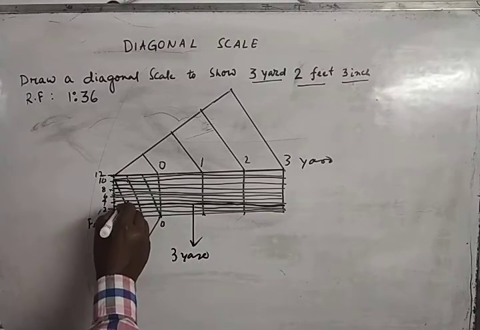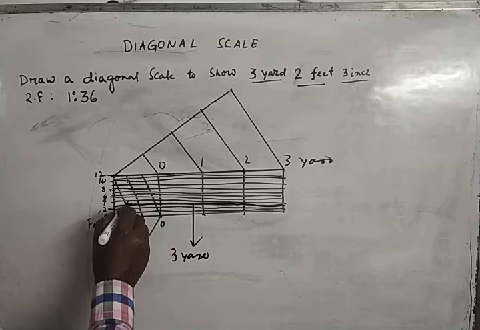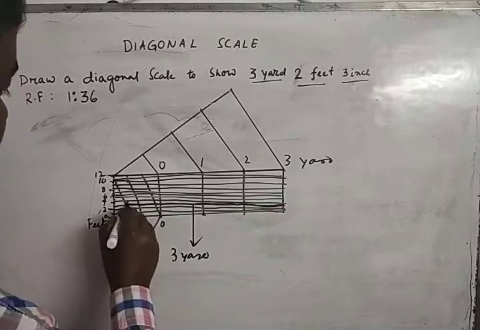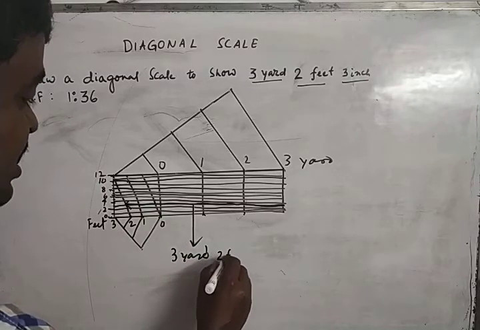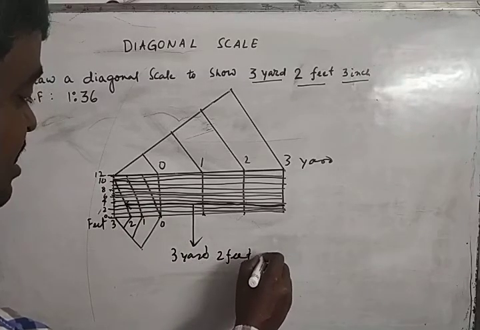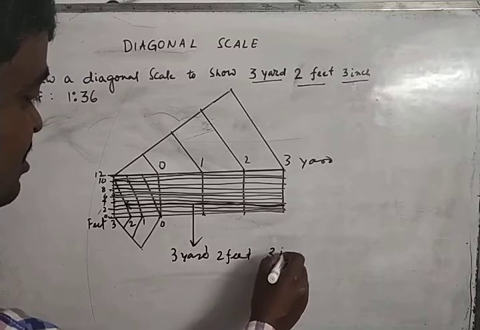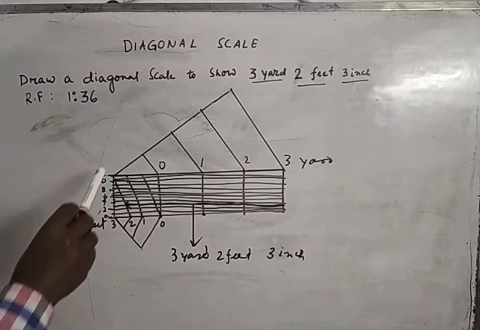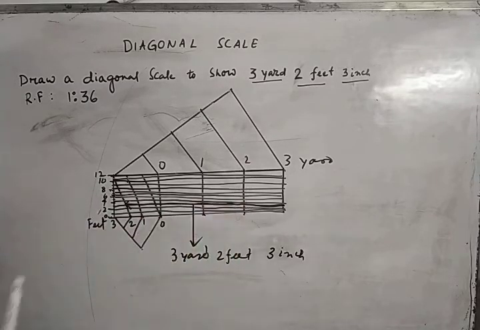Here we should use an arrow, or you can use a separate color to show this line from here to here. 3 yard, 2 feet and 3 inches. Okay, so this is about the construction and drawing of a diagonal scale. These lines you should take by taking suitable measurement and drawing with a scale. Okay, thank you. Hope you all understand.